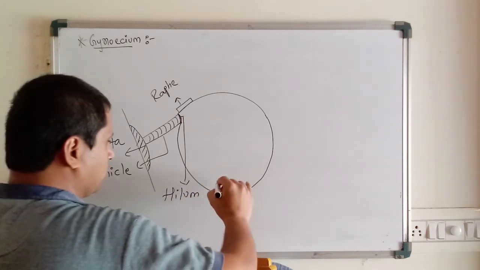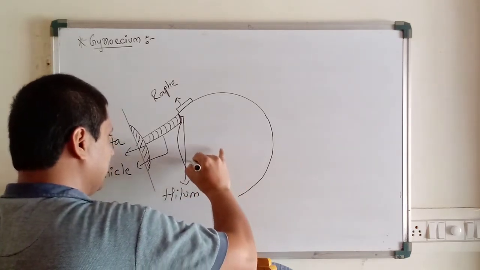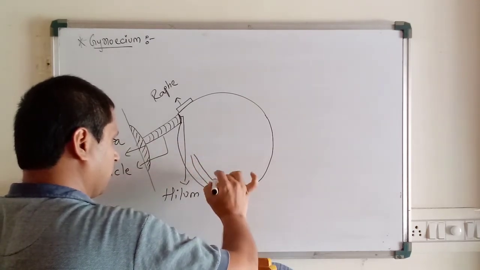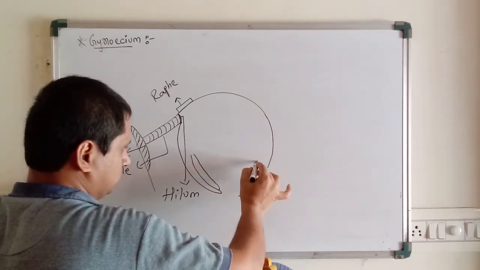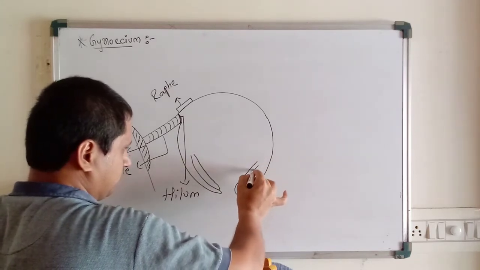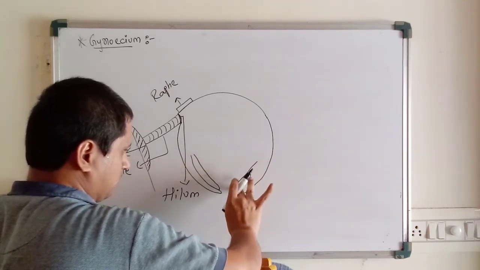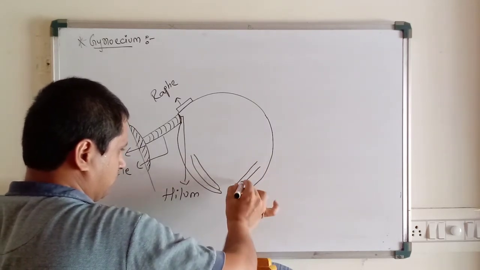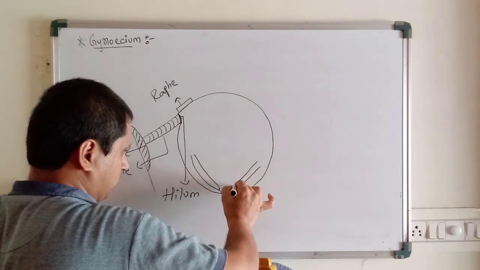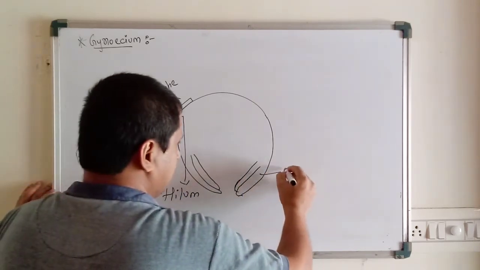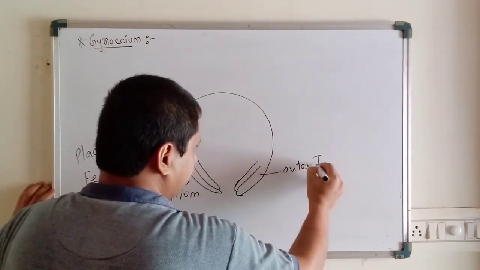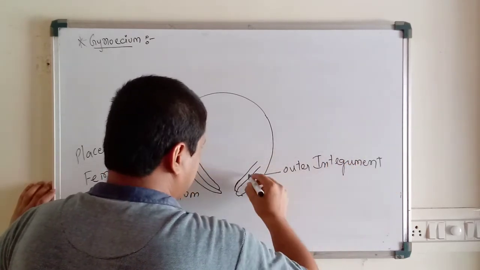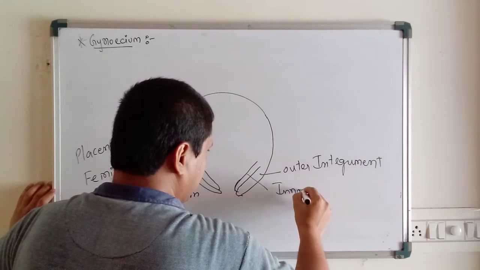Now, there are two integuments, the outer and the inner one. So this is the outer integument and this is the inner integument.